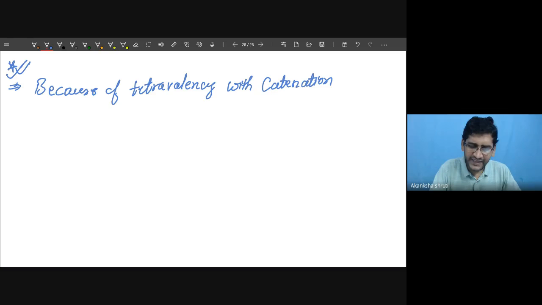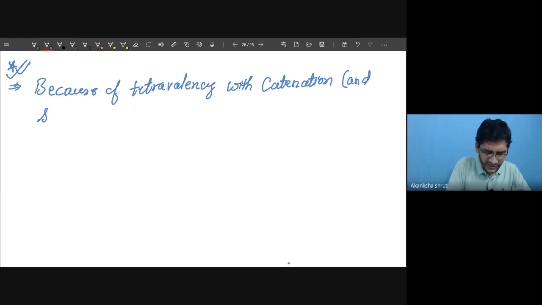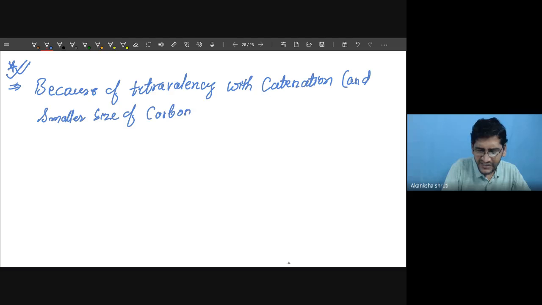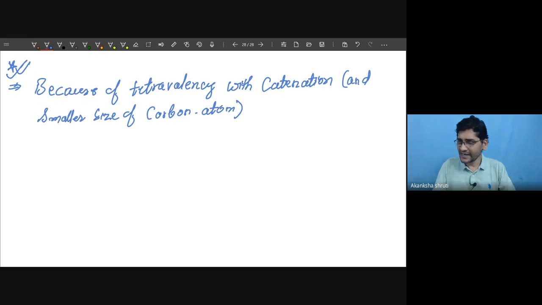So because of tetravalency with catenation, and many a time this feature is not written, but this is also important, and in NTSE it is asked. So tetravalency, catenation, and the smaller size of the carbon atom. This catenation itself, the maximum catenation, is because of that.